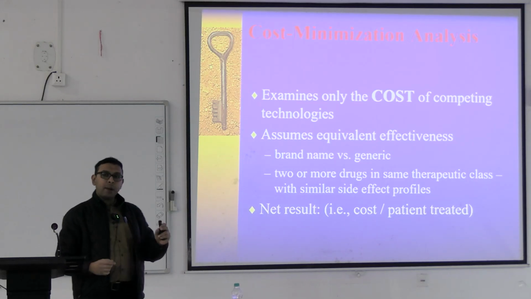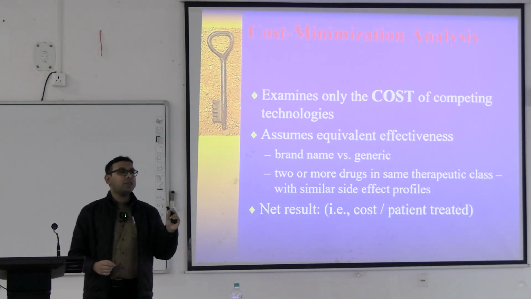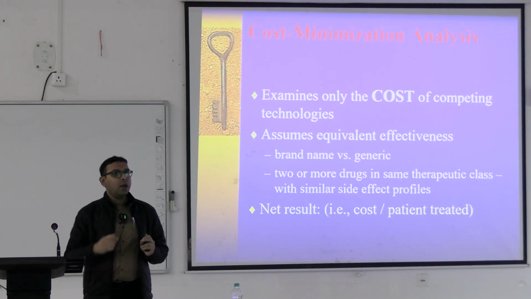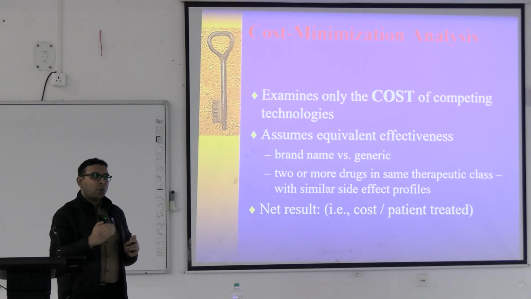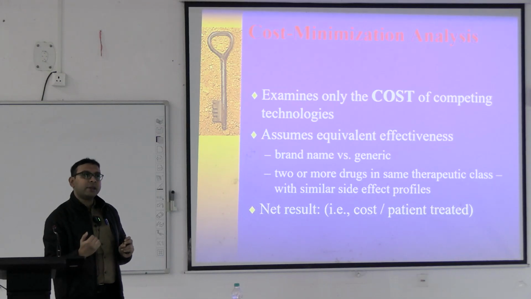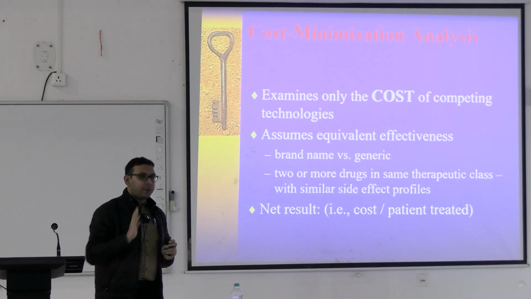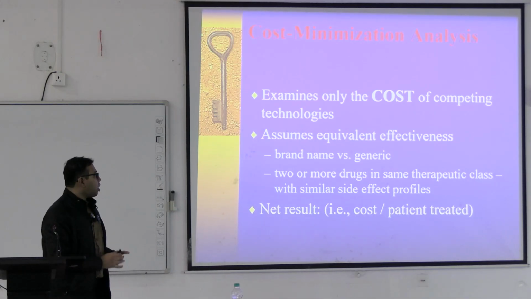Then, for example, for the branded medicine one tablet price is 20 rupees and for the generic medicine one tablet price is 10 rupees. Since the consequence is the same, we can say that the cost minimization is 10 rupees per tablet if we are procuring the generic medicine instead of the brand medicine. Okay, so this is the example.